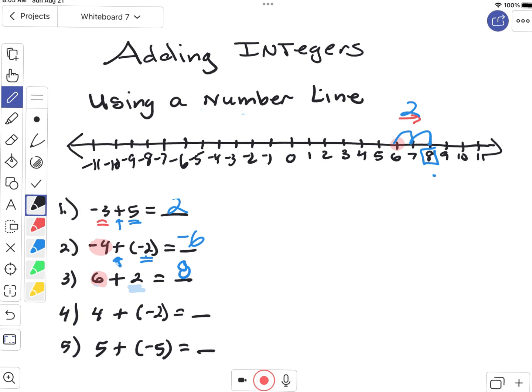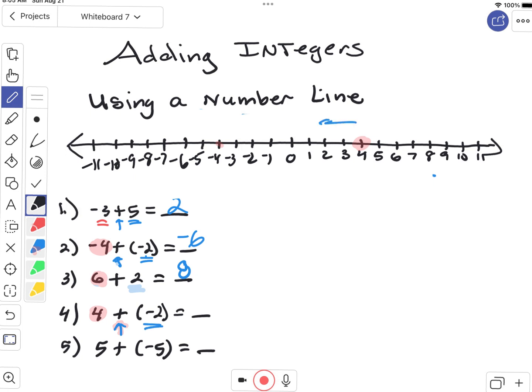The next one, you're starting at +4. And then it says we're going to add, so we're adding 2 in the negative direction.